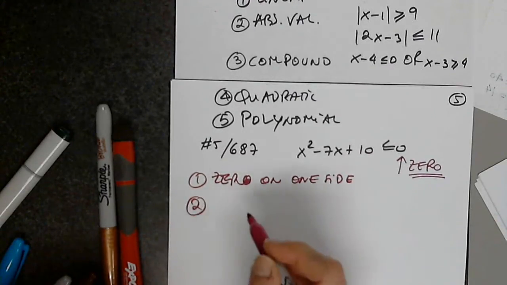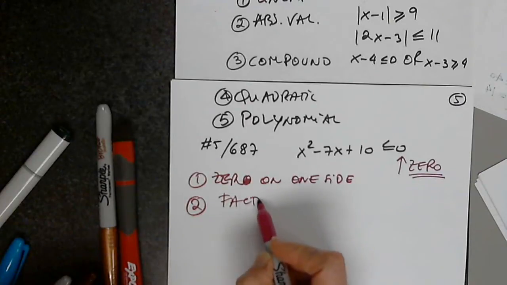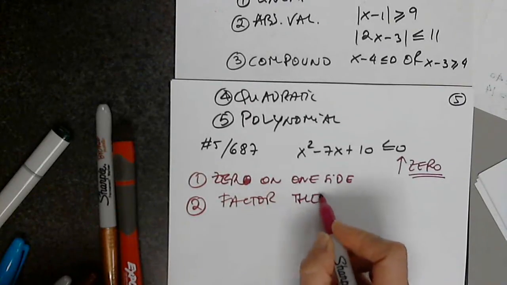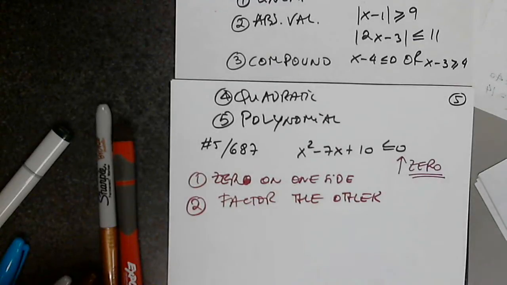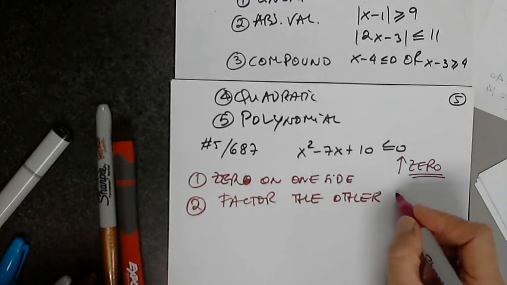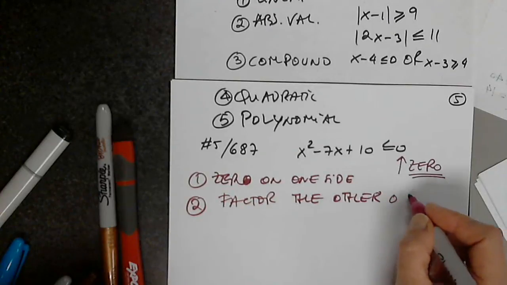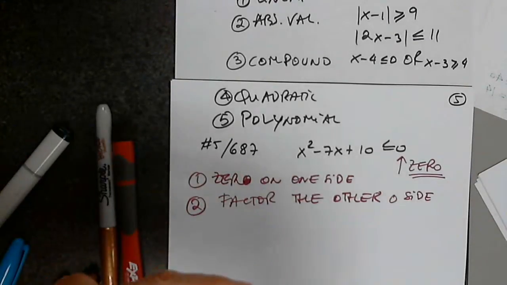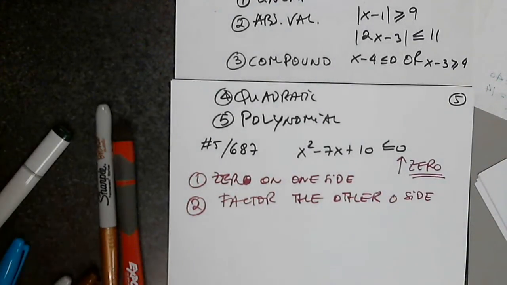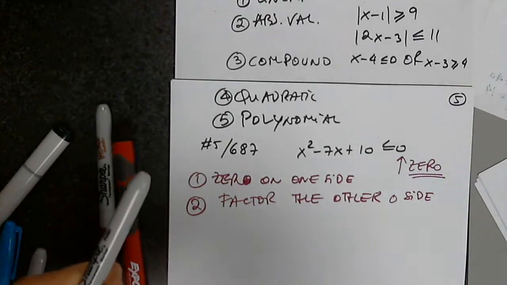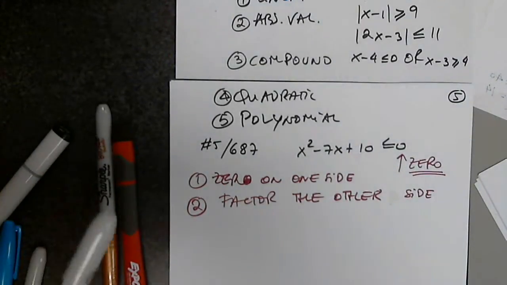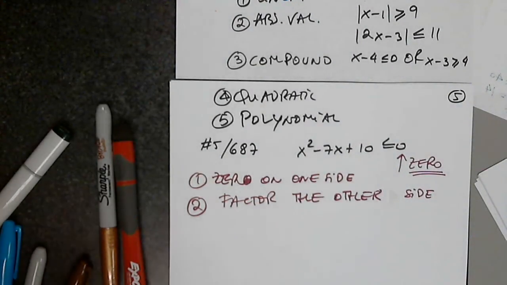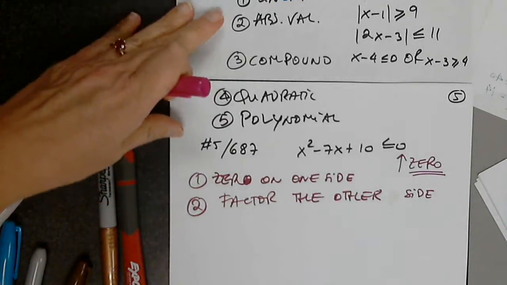Step number 2, factor the other side, the quadratic polynomial on the other side. Okay, can anyone give us the factored form of the left-hand side?